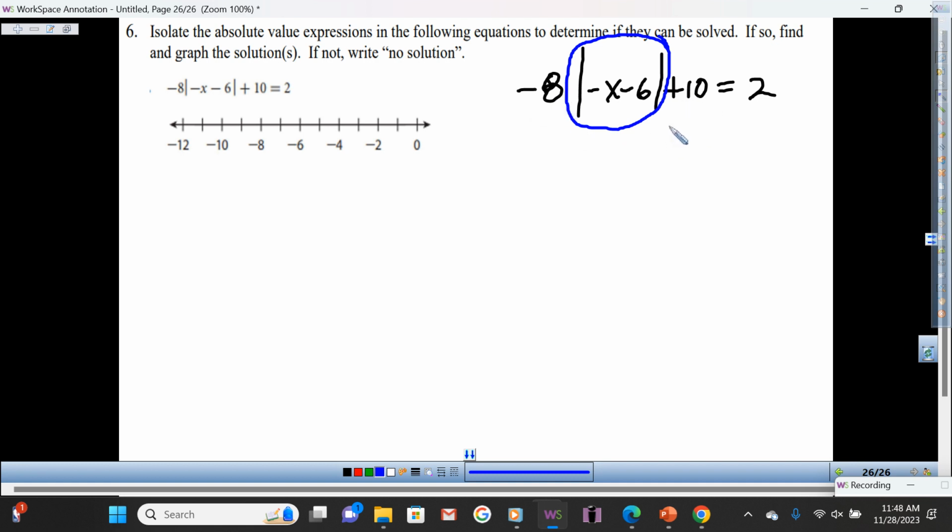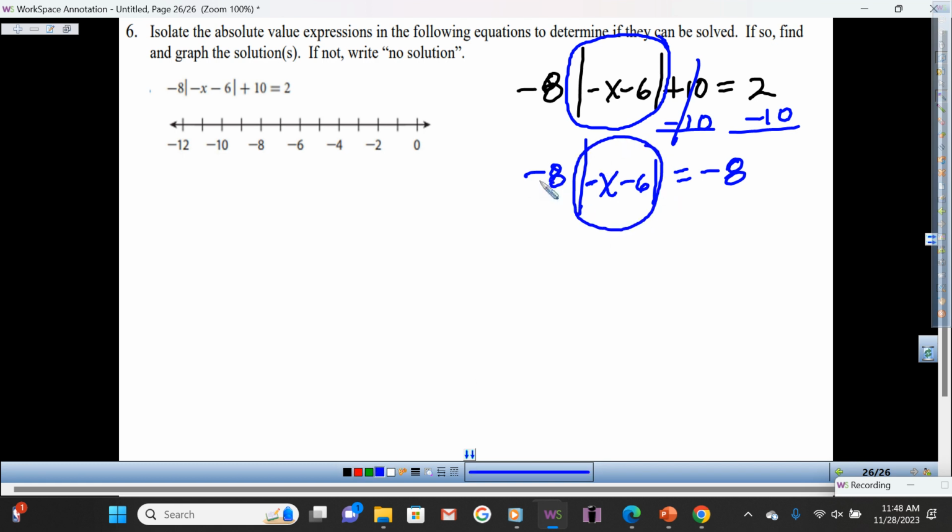So I'm going to start with the +10. Minus 10 minus 10. We're left with negative 8 times the absolute value of negative x minus 6 equals, what is negative 10 plus 2? That's negative 8. Next, is the absolute value by itself already?